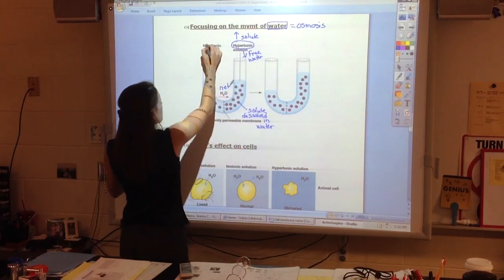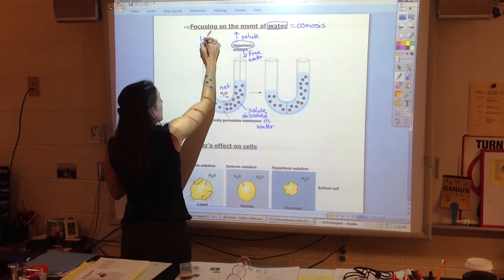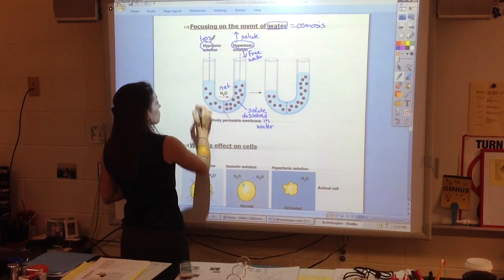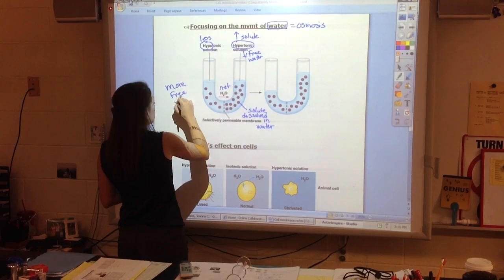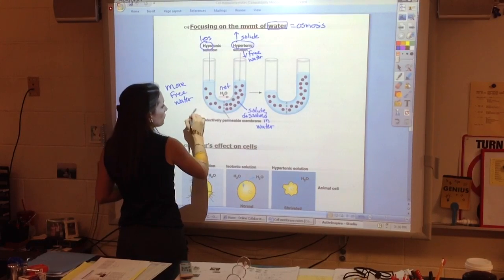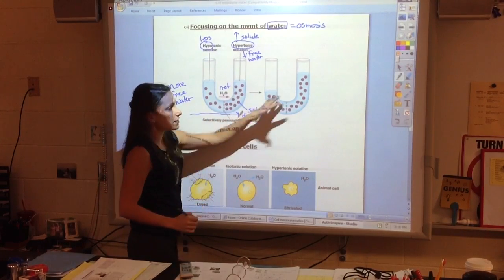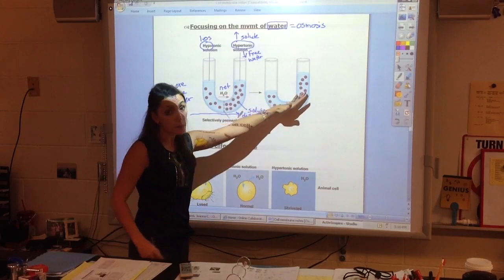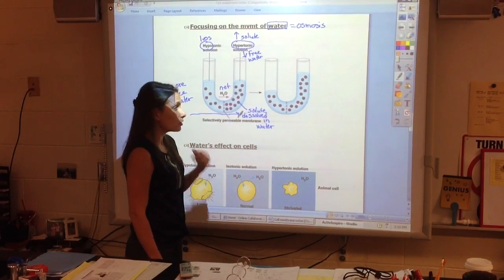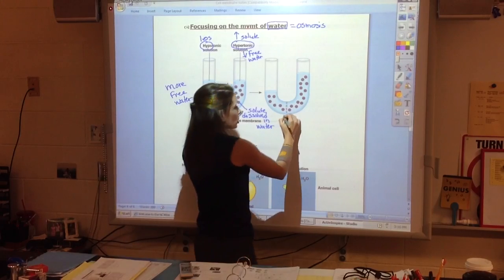Over here, hypo means less solute, so there are more free water molecules. So the water moves from high to low, and that's why the water number rises over here.